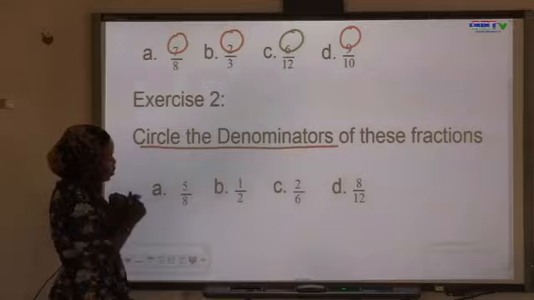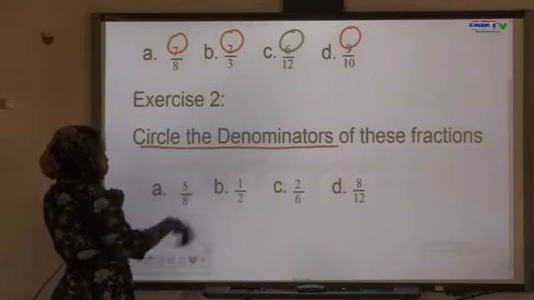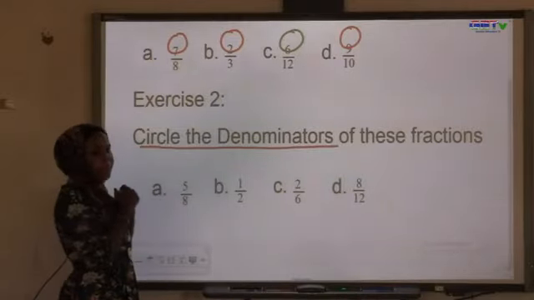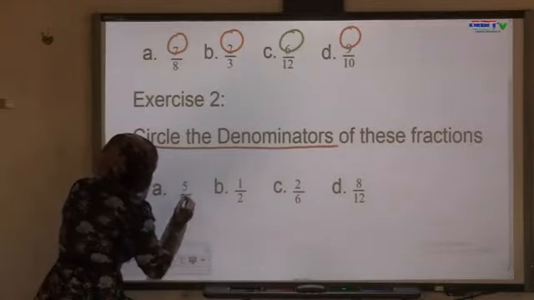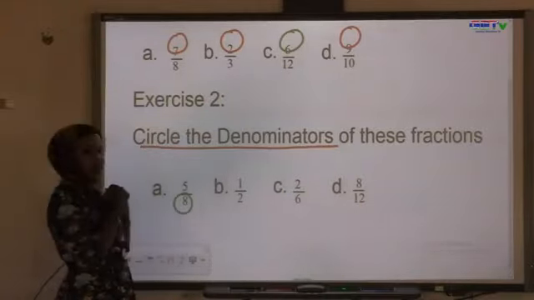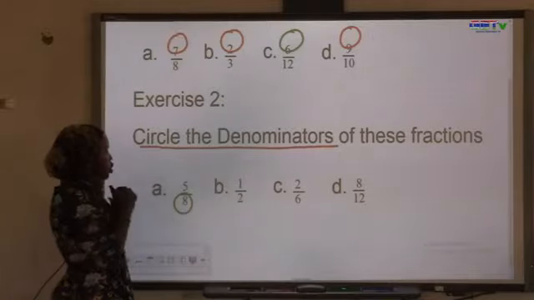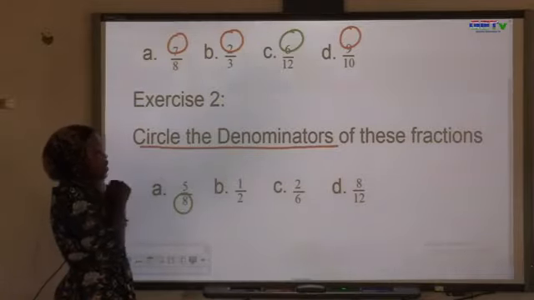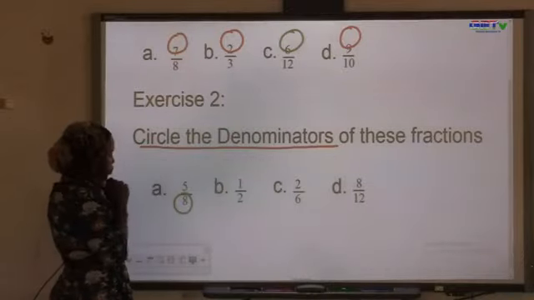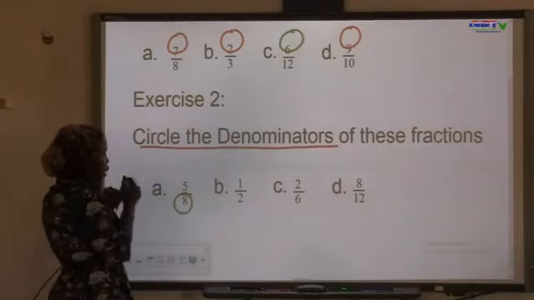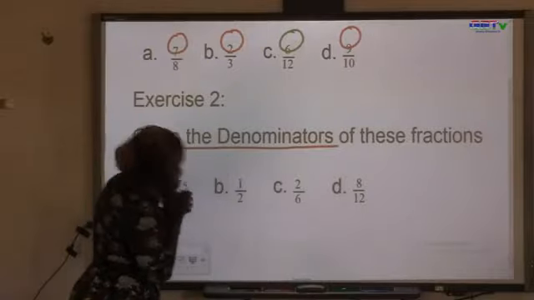Now in A, which number is below the fraction bar? 8 is below the fraction bar, so 8 is the denominator for A. Let's move on to B.